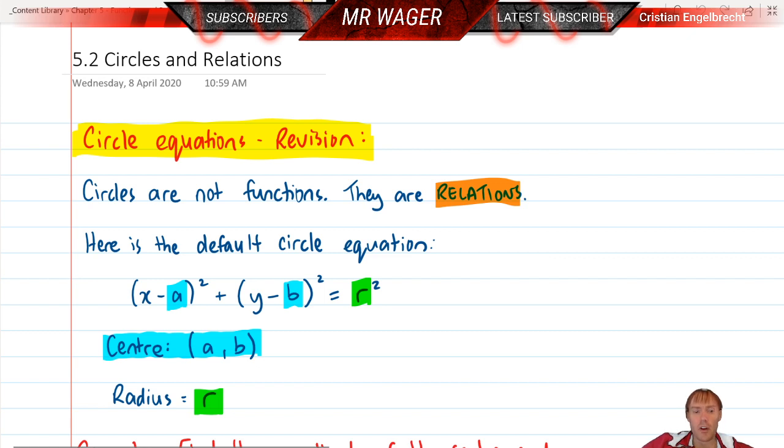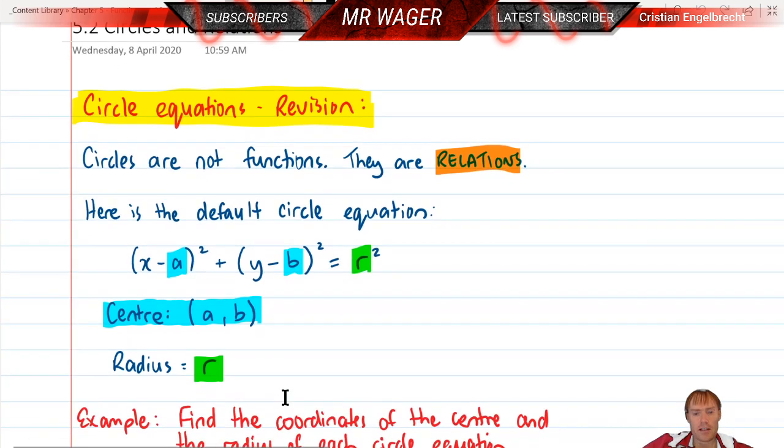That gives the x and y values of the center of the circle. So if it says x minus 3, the x value of the center of the circle will be positive 3, the opposite of the minus. The radius, of course, is when you take the square root of this number over here. So the radius is not just this number, we need to take the square root of it. So the radius is just going to be r.